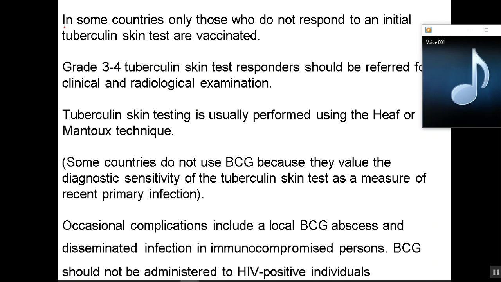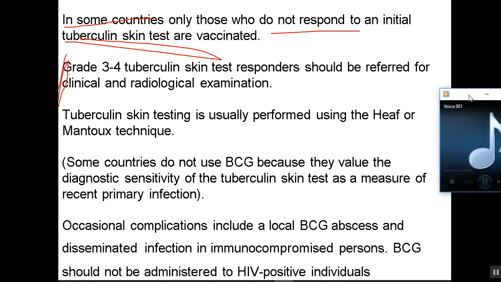In some countries, only those who do not respond to the initial tuberculosis skin test are vaccinated. If the test is positive, the person is either already infected or has had infection and developed immunity, so they do not get the vaccine; if the test is negative, they get the vaccine. Grade 3 and 4 increasing wheal size should be investigated to exclude active TB.